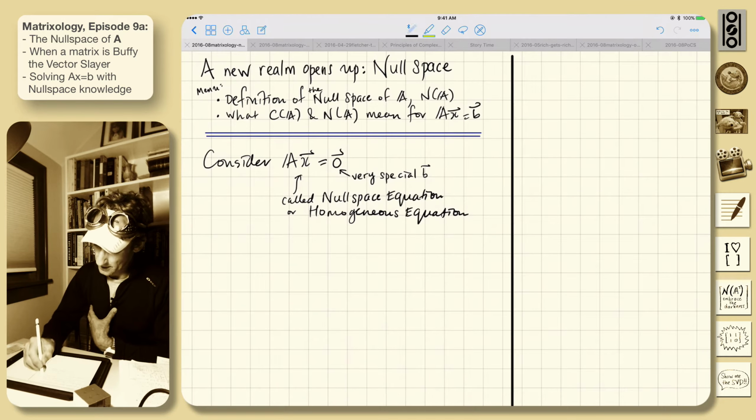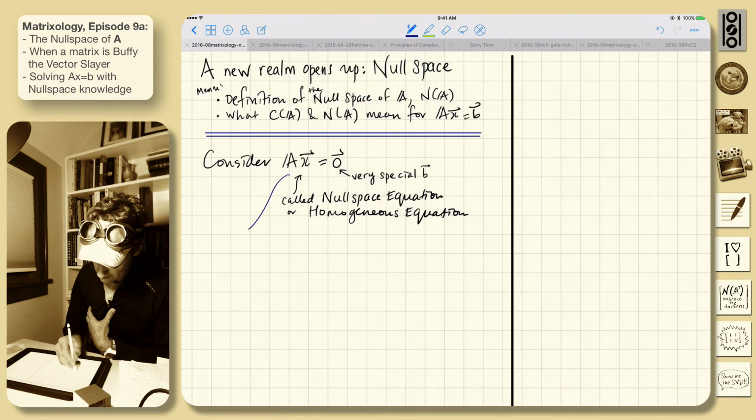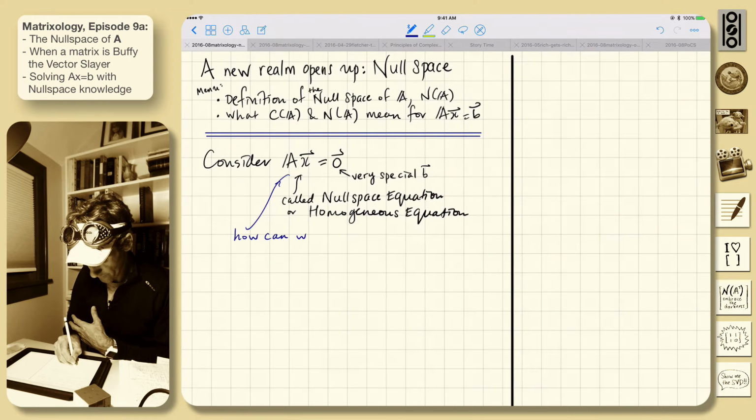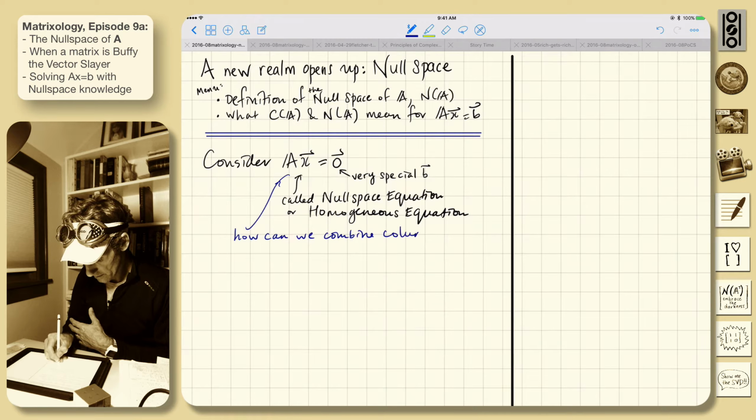So the question we're asking is, how can we combine the columns of A to produce nothing?